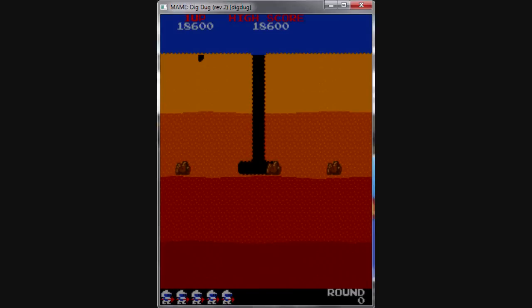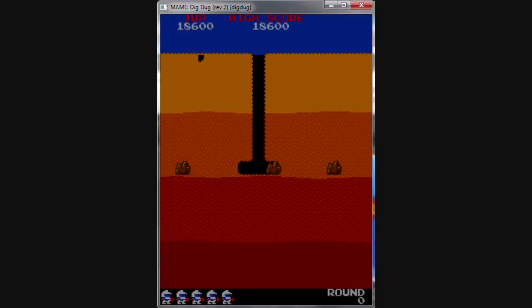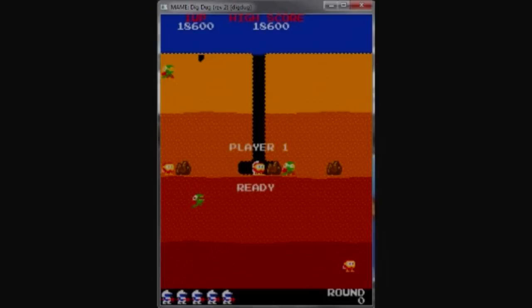And the value for each of those tables can be anywhere from 0 to 14. And what the game does is, whenever you complete a table and move on to the next one, it subtracts 1 from it. Now, since the round counter has wrapped around back to 0, the table number has wrapped around back to 255, and that in turn causes garbage output in terms of determining the table numbers.